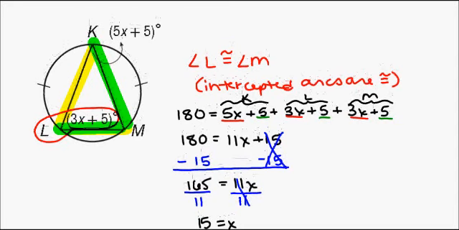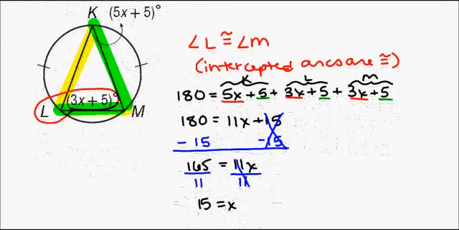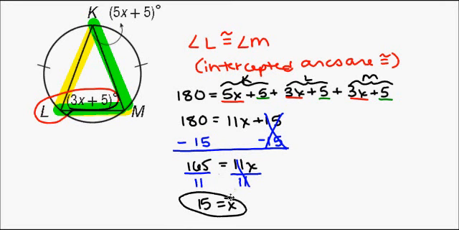But again, this problem doesn't ask you to solve for x, it asks you to find the measure of angle K. So we're going to take this 15 and plug it in.